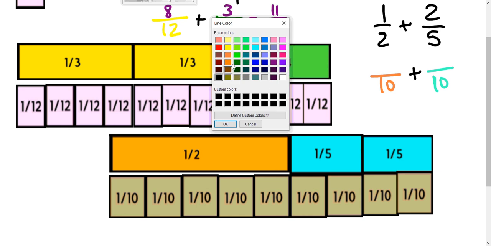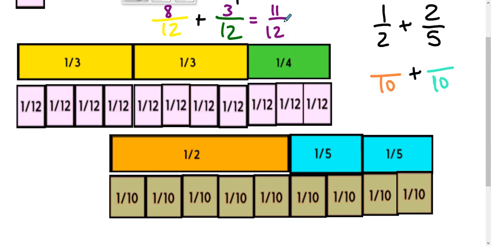This will do. So this 1/2 is the same as 5/10, and this 2/5 is the same as 4/10. And so 1, 2, 3, 4, 5, 6, 7, 8, 9, 9/10. The model seems to support what our arithmetic seems to indicate.